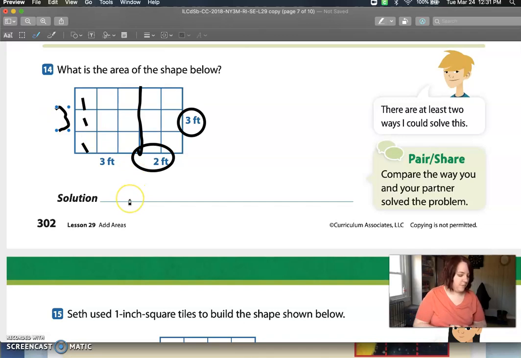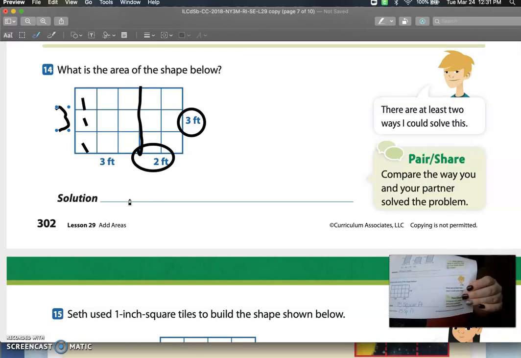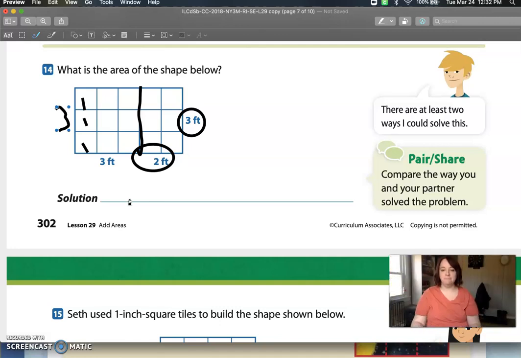So that will be 15 square feet, and I will write it down here. Or you can write it with shortcuts too. I'll show you. So if you see how I wrote it down here, get over to the camera. You can write it just like that. Nice job.